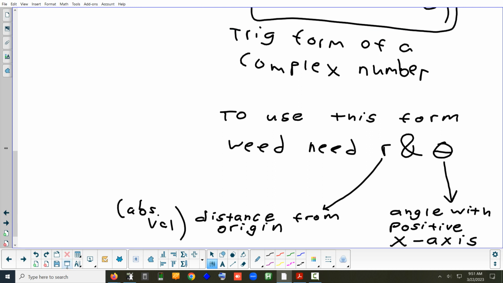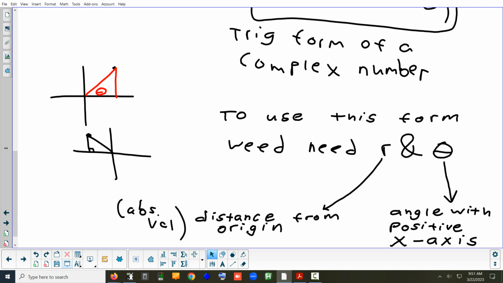And theta is the angle that you make with the positive x-axis. How do you find theta? Well, how do you find an angle in a right triangle? Use inverse trig. So if you were in quadrant 1, and your point was right there, you made a triangle, theta would look like that. If you were in quadrant 2, so let's say your point ends up over here, make your triangle.